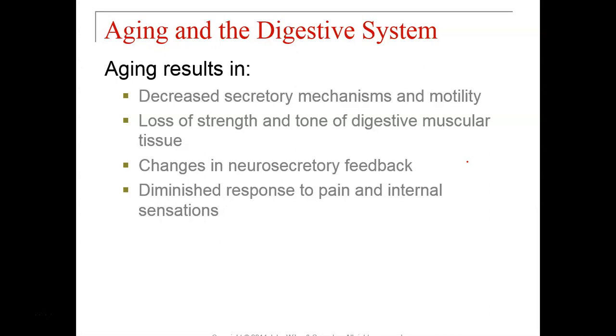And then diminished response to pain and internal sensation. Same exact idea, right? Just the same as these stretch receptors wearing out over time. These internal sensations, there are little detectors or receptors for all of these different sensations.